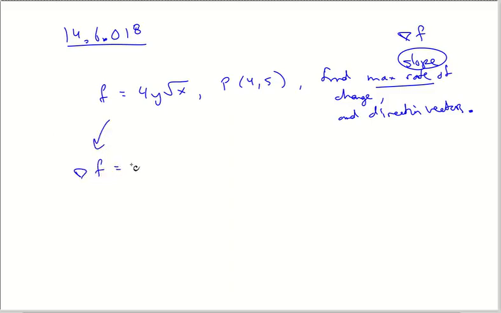So grad f. In terms of x, that's a half. It's going to come to the front, makes that a 2. Hold on. 2y, and then that's going to move into the bottom as square root x down there. Again, 1/2 minus 1 is now negative half. In terms of y, it's actually much easier. Just square root x right there. Cool. So that's basically my slopes at any point.